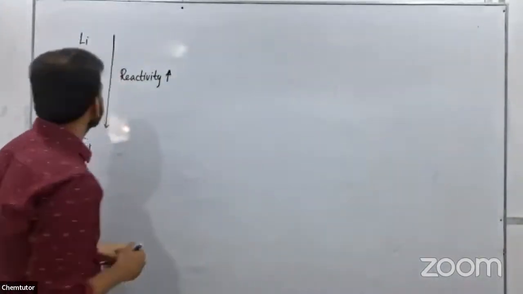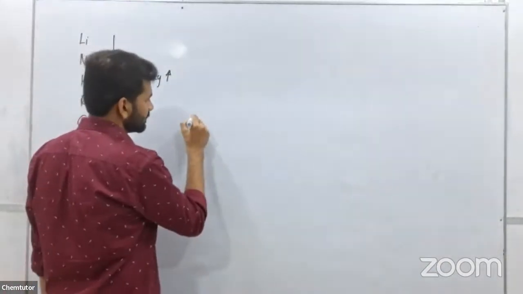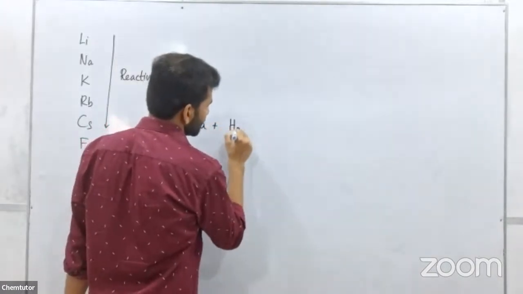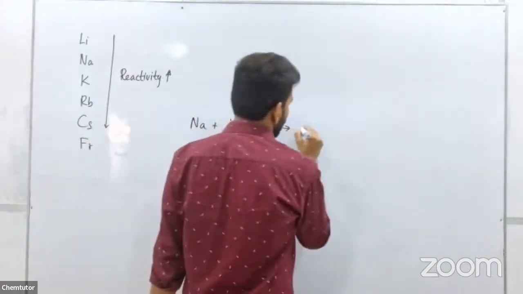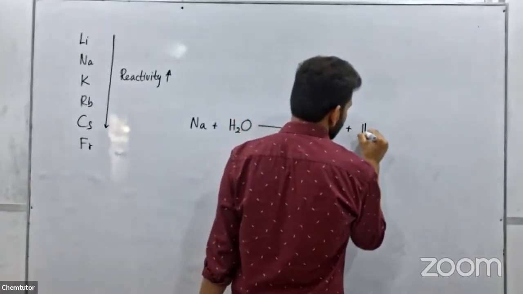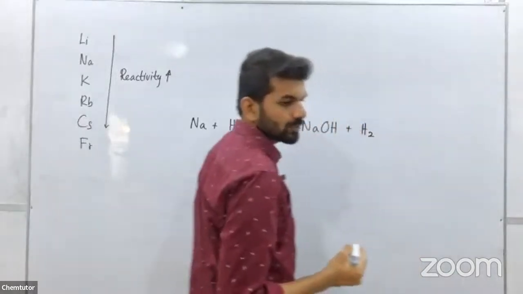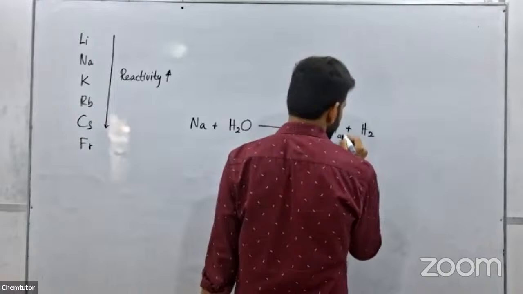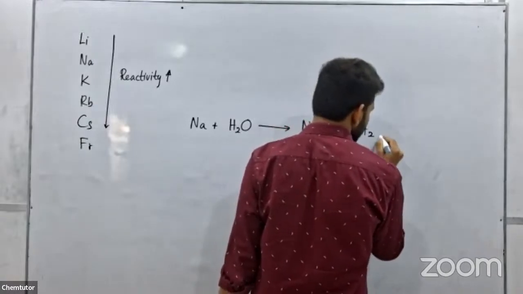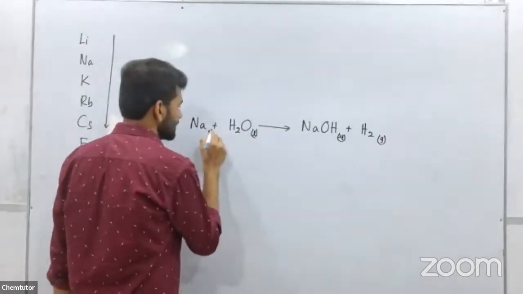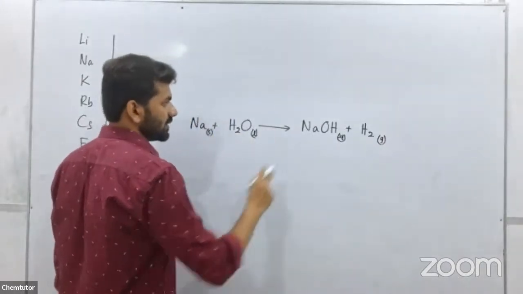So we can write some examples. Let's say sodium with water, it gives sodium hydroxide and H2. Okay. Let's put the physical states. Aqueous, this is gas, liquid, this is solid. So let's balance this one.